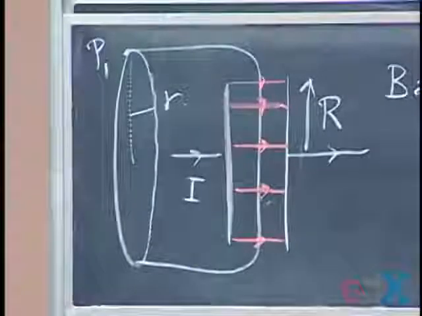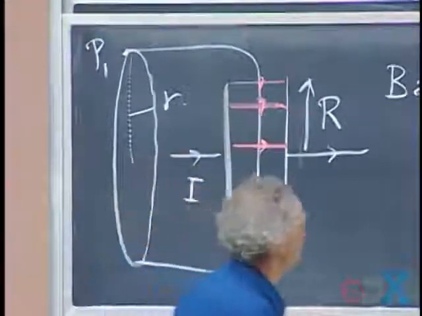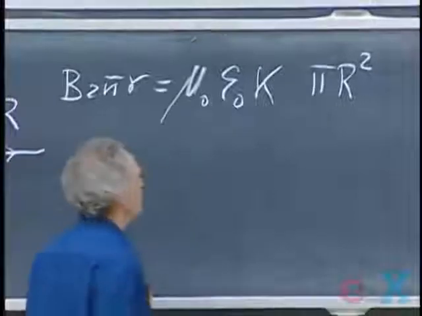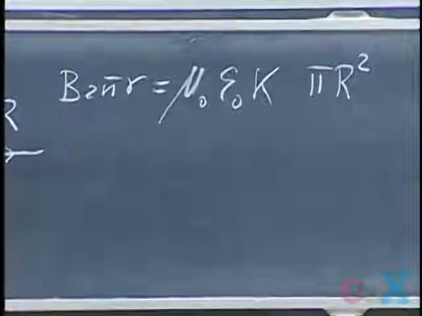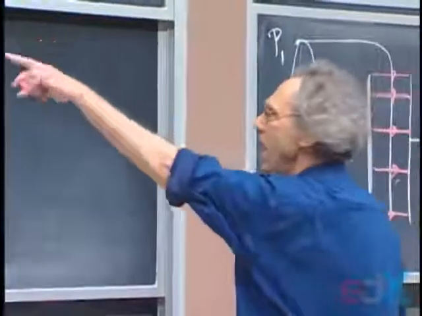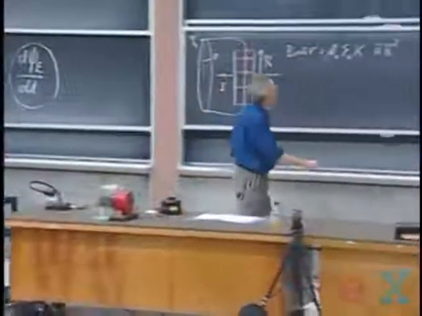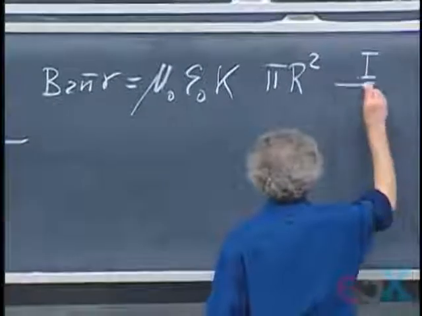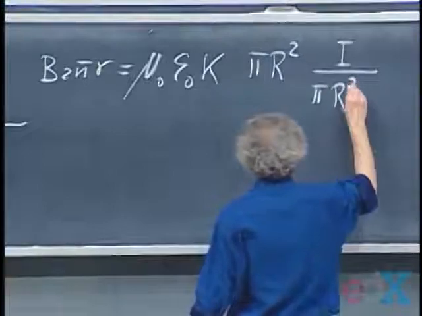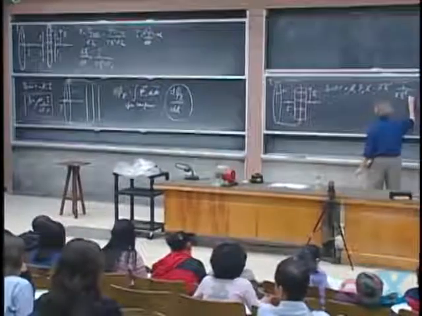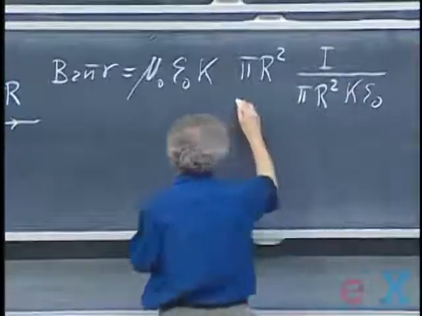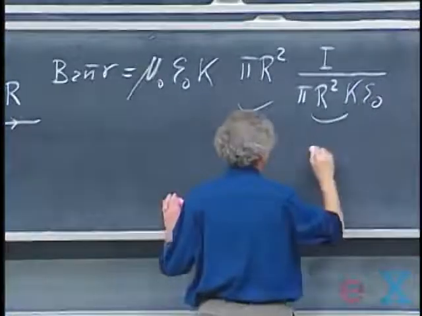And therefore, if I want to know what the derivative is, then I get this pi R squared, which is that surface area, and now I need dE dt. And the dE dt we have, that is I divided by pi R squared kappa epsilon 0.